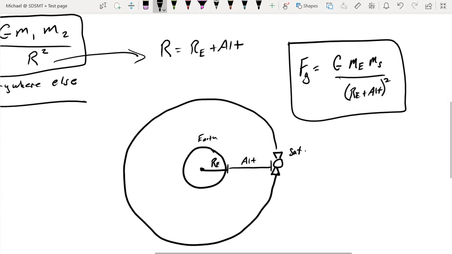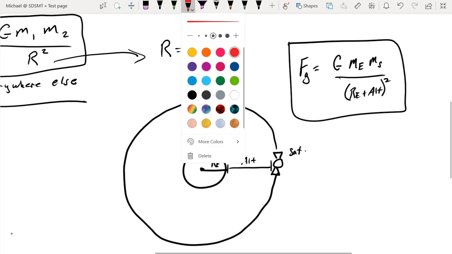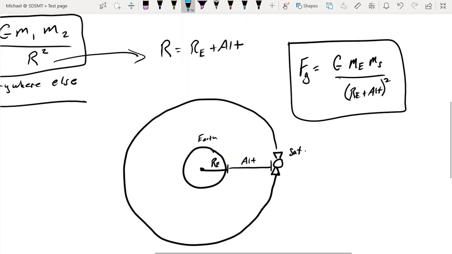Well, in terms of the satellite, it is going to have an attractive force of gravity pulling it towards the Earth. But the direction of that attractive force of gravity is pointing towards the center of this circular orbit.